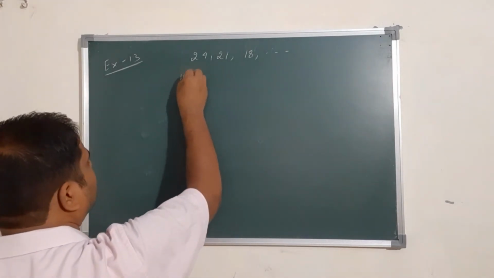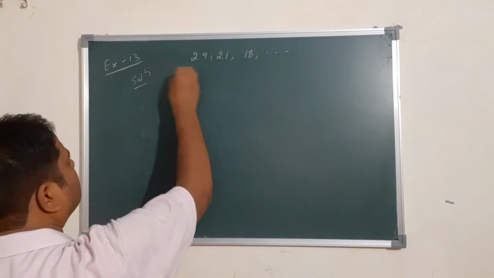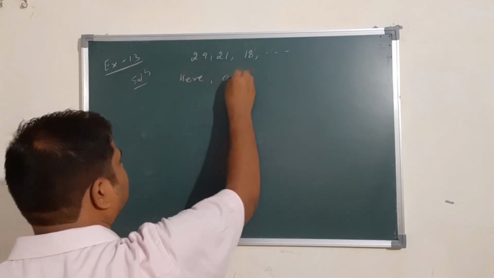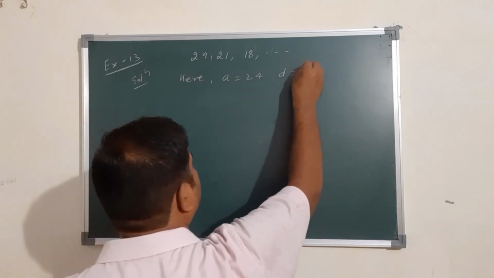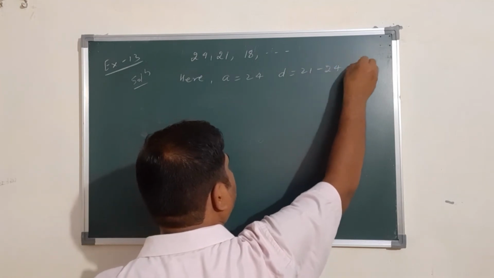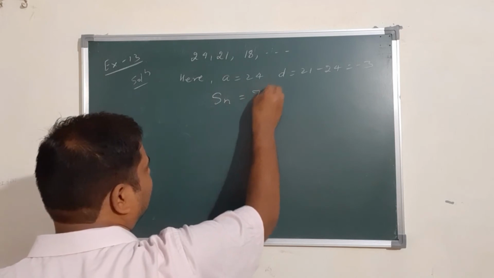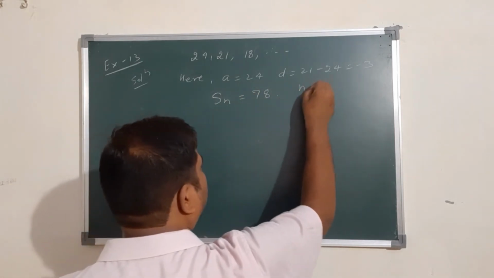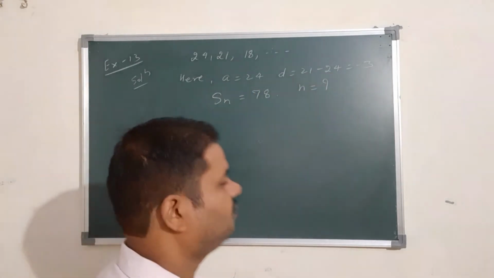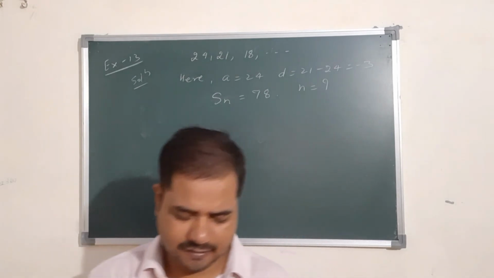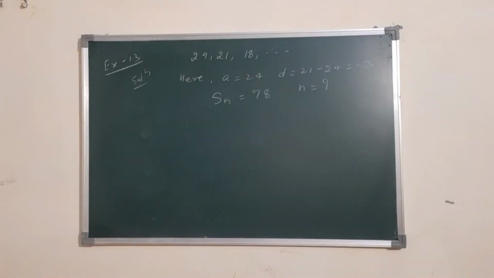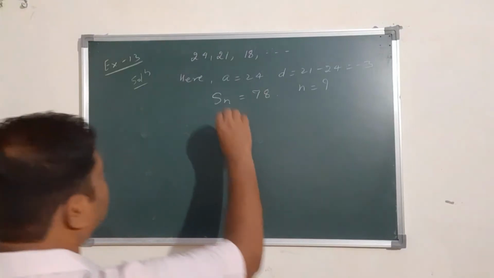So here is the solution. A is 24, D is 21 minus 24, that is minus 3. Sn is given as 78 and you have to find n. What we need to find is n. So let us start to solve this question.